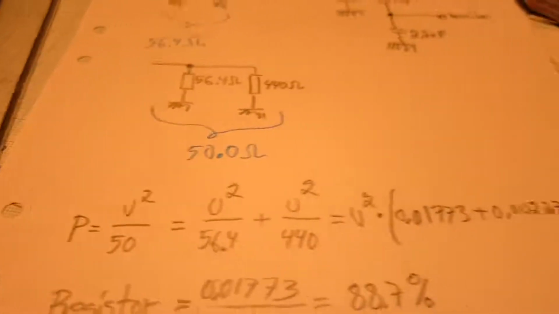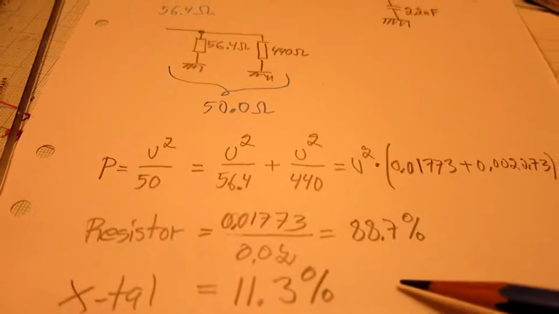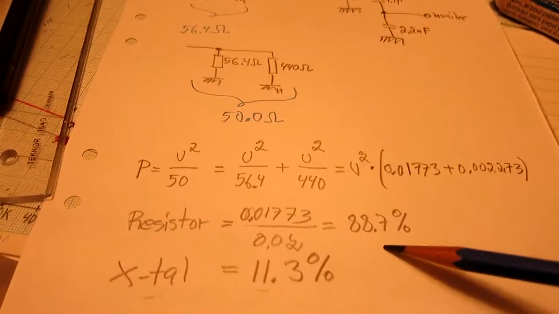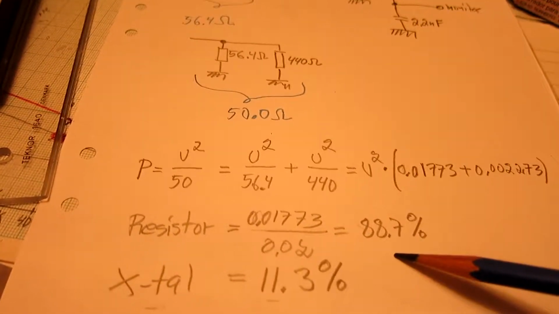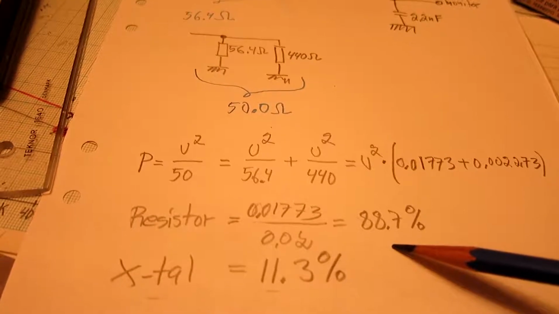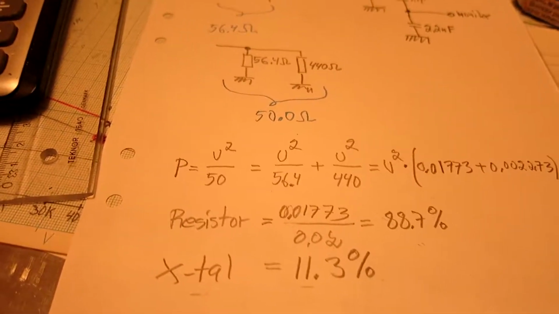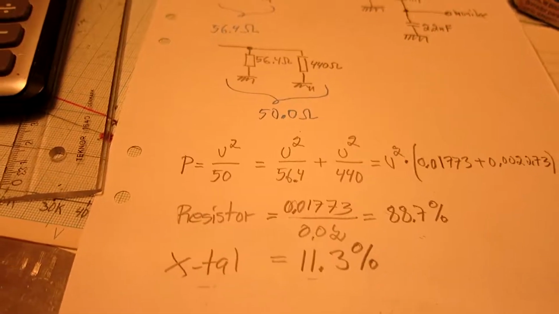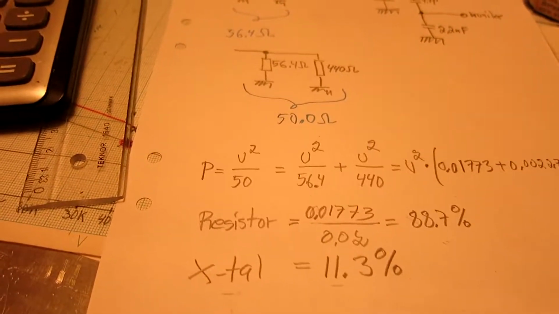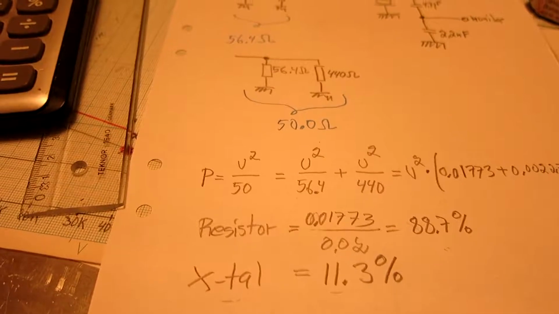So, well-known formula tell me 88.7% of the power goes into the resistors and 11.3% goes into the crystal. And I assume nothing goes into the capacitors.